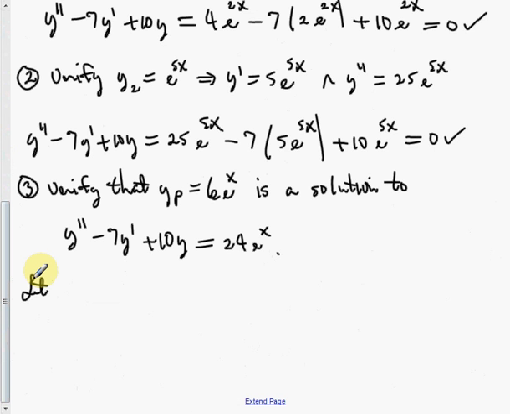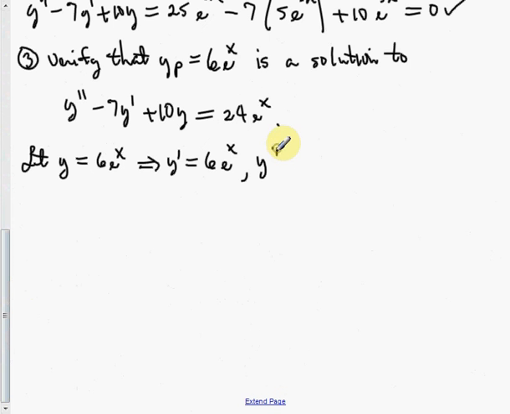No one can deny. So, let y equal to this 6 times e to the x. This implies that y prime is, take the derivative, you still get the same 6 times e to the x. And y double prime still 6 times e to the x.